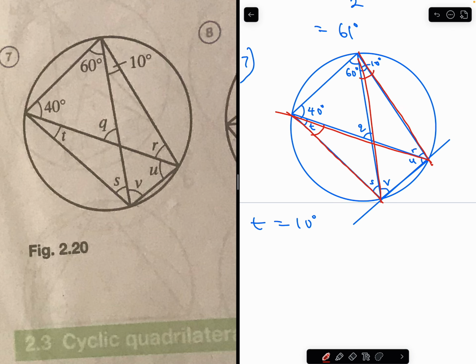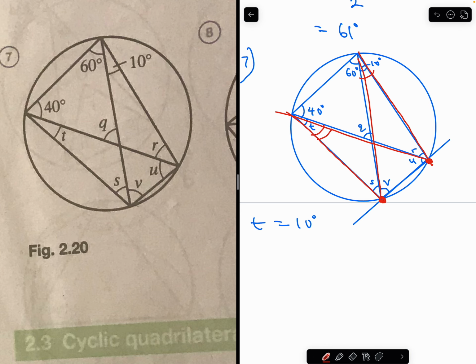Those lines both touch the two ends of the chord that divides the circle into two segments. That's a trick for identifying the same segment angles.